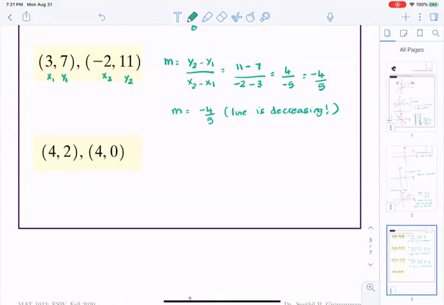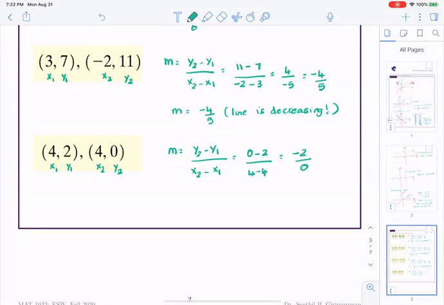And lastly, we have x1, y1 as 4, 2, and x2, y2 as 4, 0. The slope again is y2 minus y1 divided by x2 minus x1. So 0 minus 2 divided by 4 minus 4. The numerator, 0 minus 2, is -2. The denominator is 0.